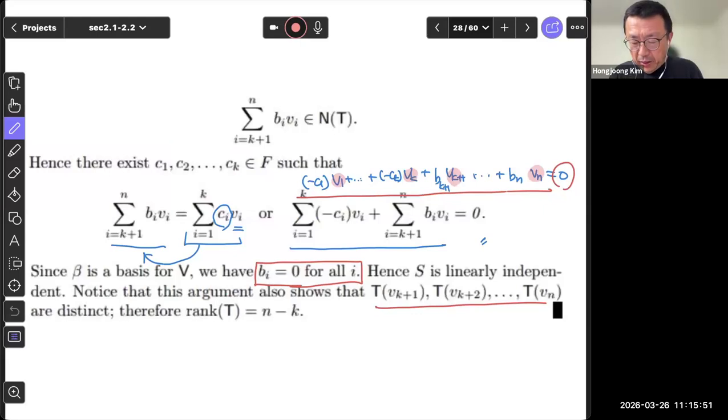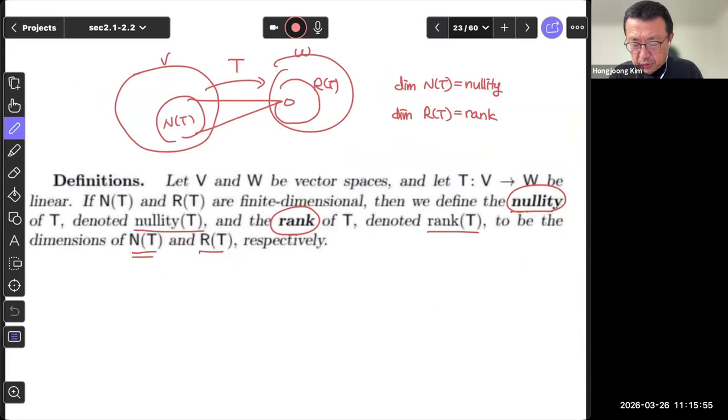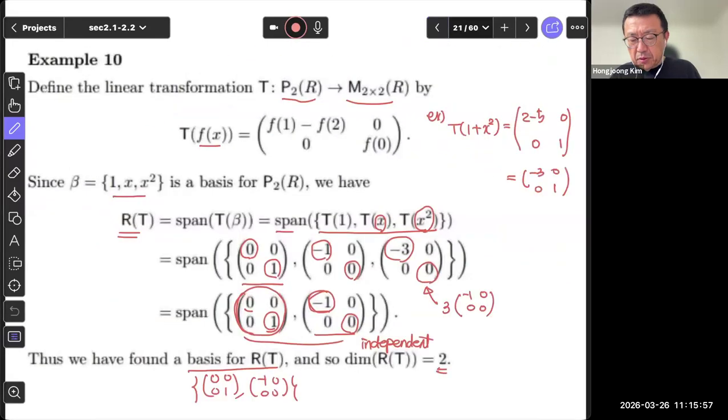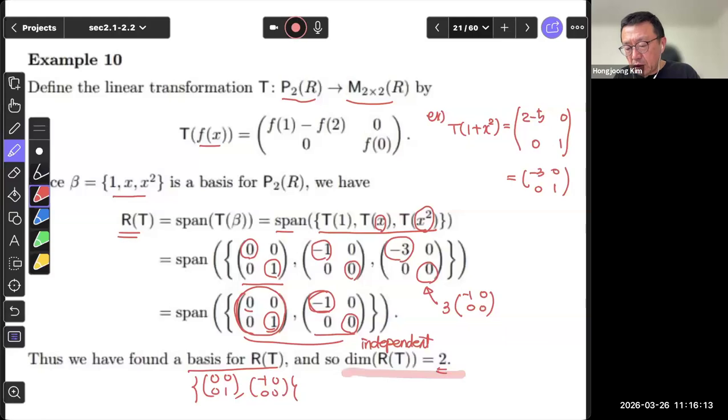So let me go back to the previous example we considered. In this example, this T is a linear mapping. What is the dimension of the range? The dimension of the range is 2.